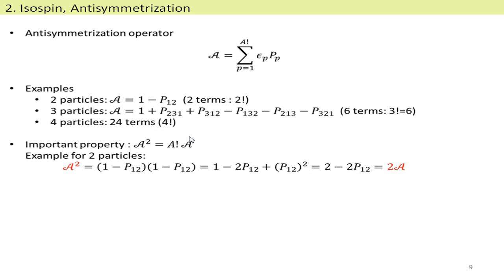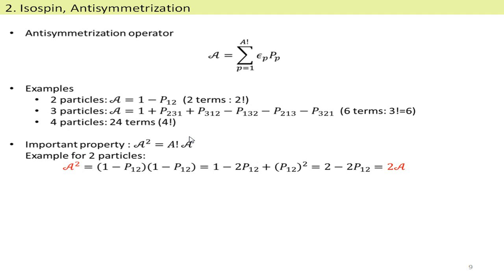So for example, here you keep particle 3 in this position and you change 1 and 2. So it's only one permutation, so the parity, the sign is -1. Okay, and this is true for the rest. And okay, so you immediately see that when the number of nucleons increases, this number increases very fast. So if you consider 4 particles, you have 24 terms, which is factorial of 4.